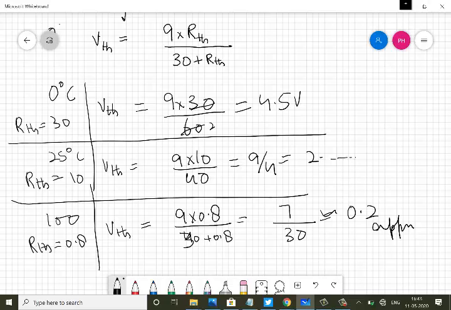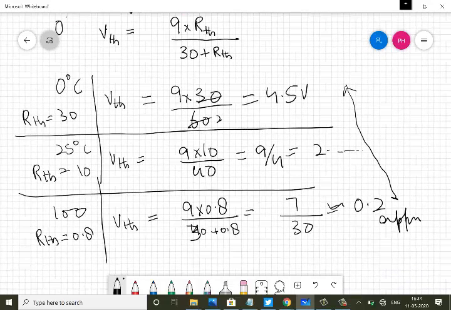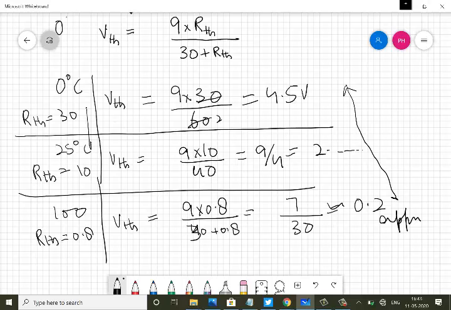So as you see now, with increasing temperature from 0 degrees Celsius to 100 degrees Celsius, the voltage is decreasing. So we have converted the temperature change into voltage change. Our transducer was only changing temperature change into resistance change, but we have found a way to change this resistance change into voltage change.